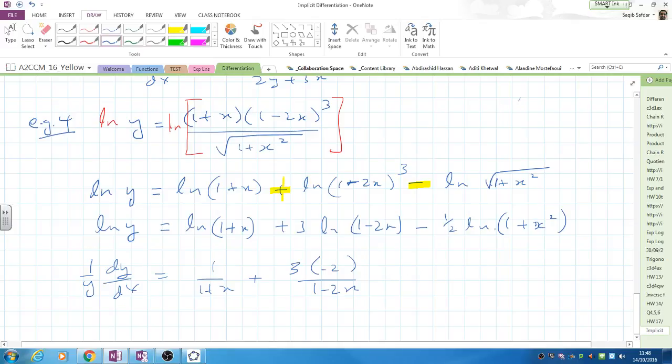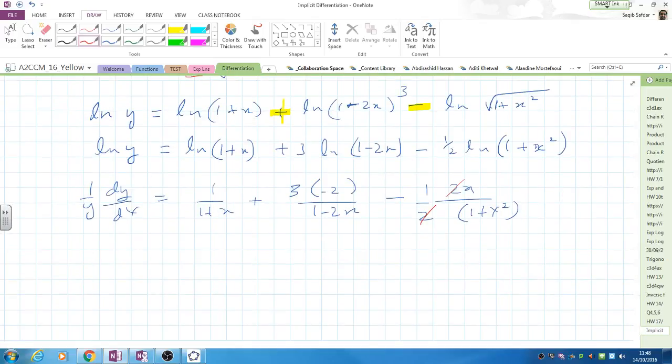what would you get for the last one? Minus 2x over a half. Excellent. 1 plus x squared. And we can see straight away we can cancel those 2's out. Okay, so let's cancel those out. And minus 3 times minus 2 becomes a minus 6.